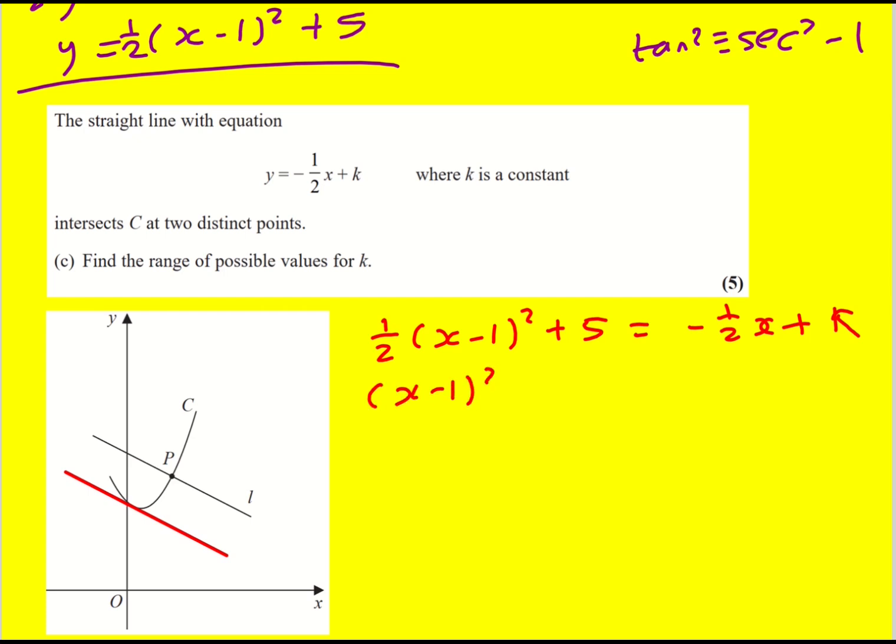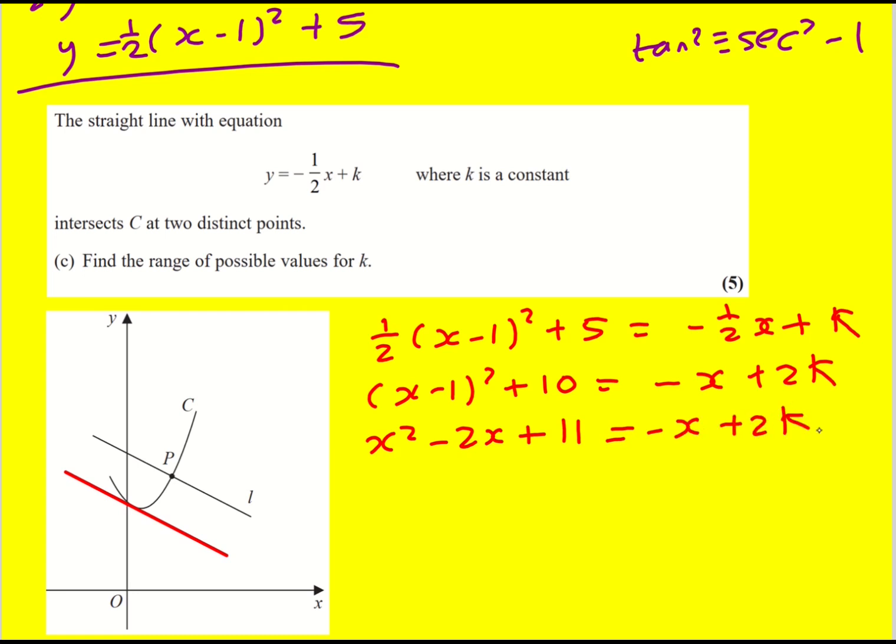x minus 1 squared plus 10 is equal to minus x plus 2k. Multiply this out. x squared minus 2x plus 1 plus 10, so that's plus 11, is minus x plus 2k. Then x squared minus x plus 11 minus 2k is going to equal 0. This is my c.